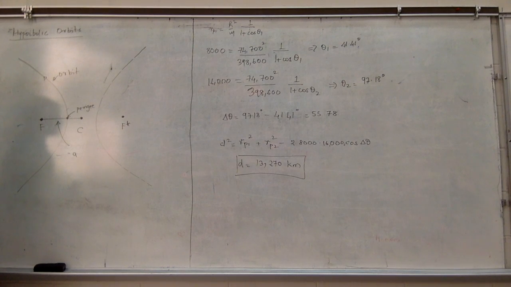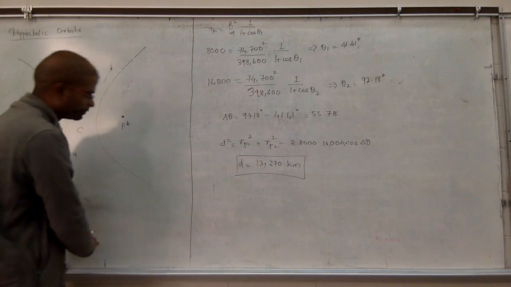It's the point of closest approach. So this is the central body. The central body is at the focus, and this is the closest point. That is the perigee.